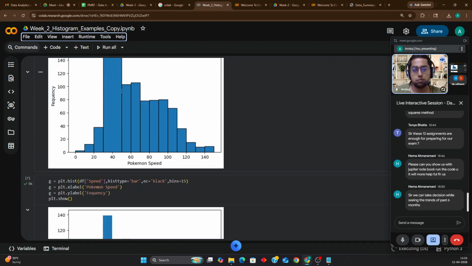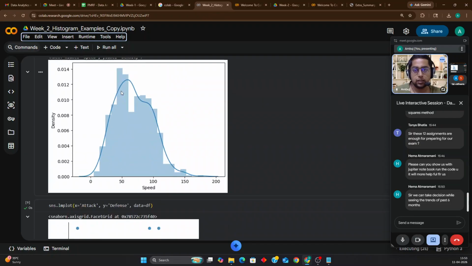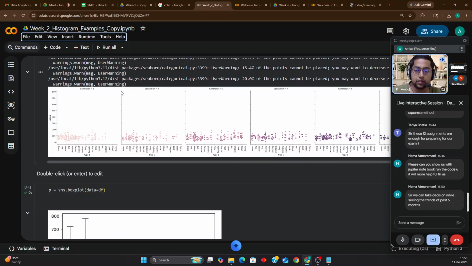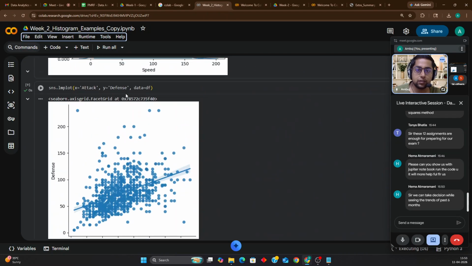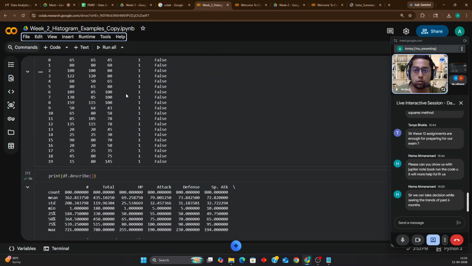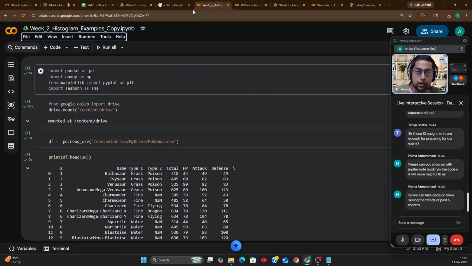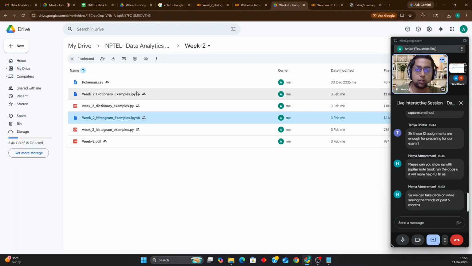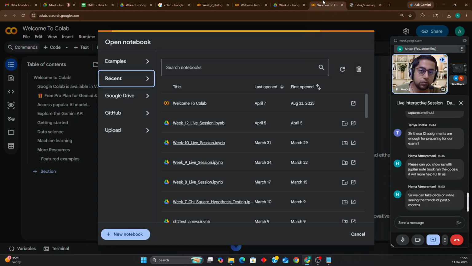Each and every cell will be executed. If some data is missing, suppose you do not have the CSV file Pokemon.csv, I'll give it to you here itself. It's a great idea to give all the files. But if it is not there, then no problem.